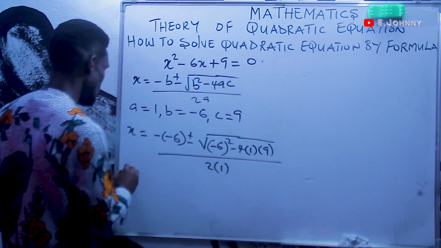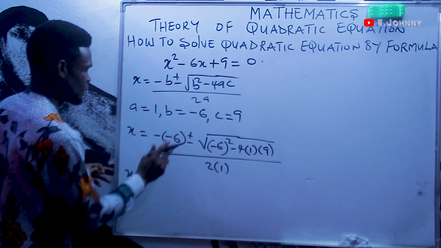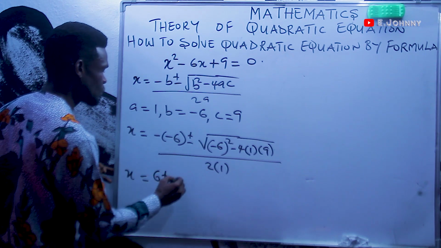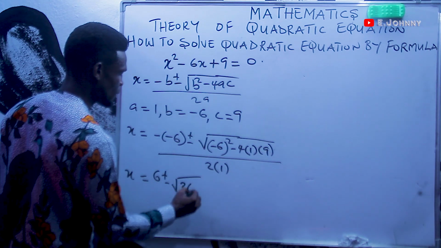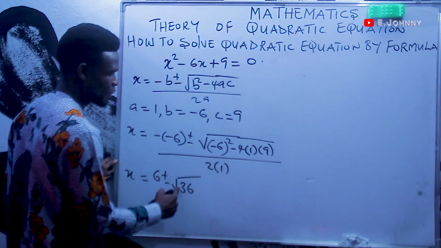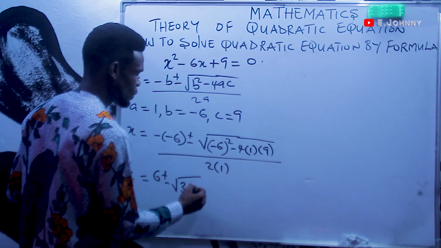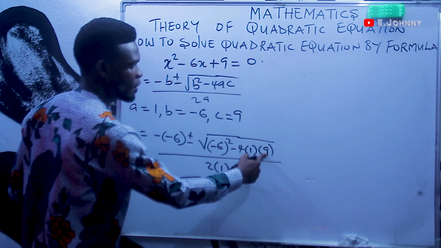So that means x is equal to minus times minus is plus, so this is 6 plus or minus the square root of minus 6 squared, which is 36. That's 6 times 6, 36. If you square a minus, you have a positive. Minus 4 times 1 is 4, and 4 times 9 is 36.